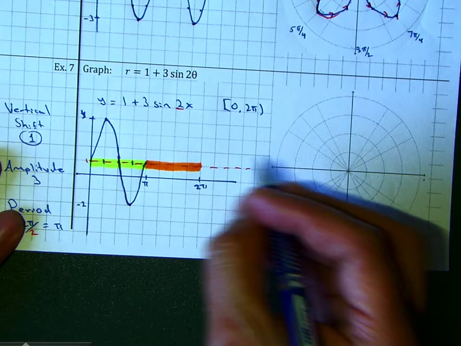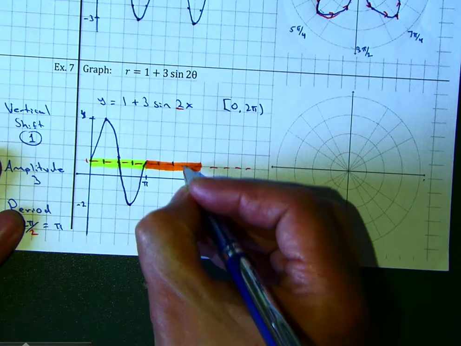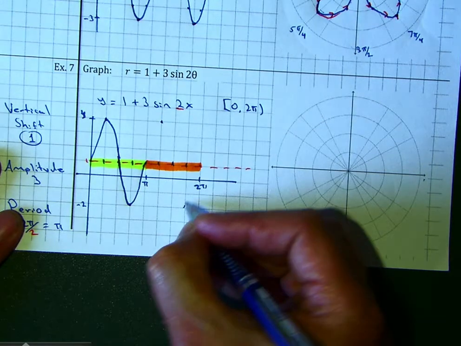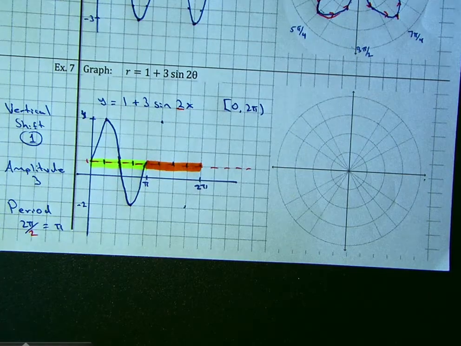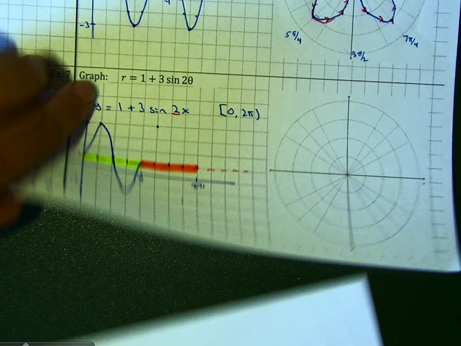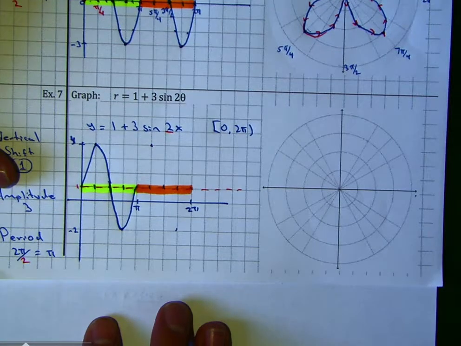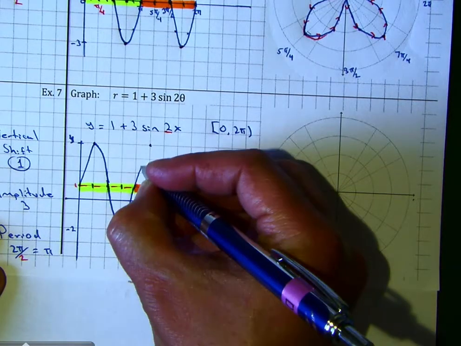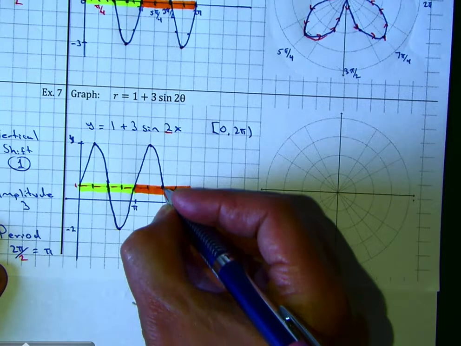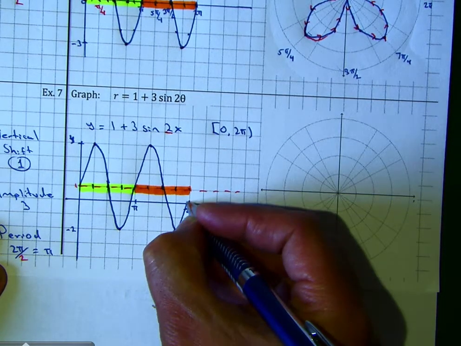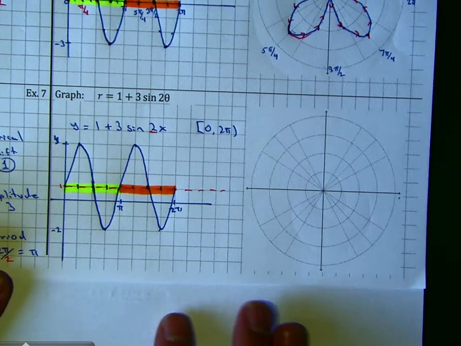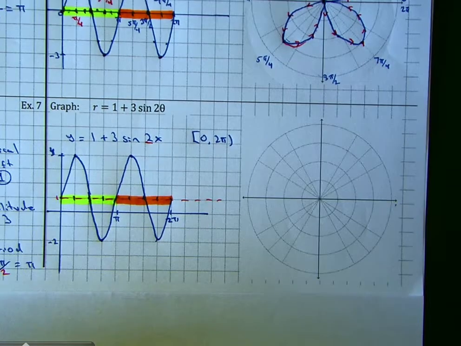And now we're going to continue, half, half, half, full rotation. And now I can continue with my pattern and very quick graph. We can see now what is the highest point.